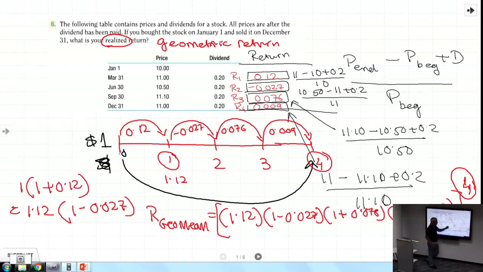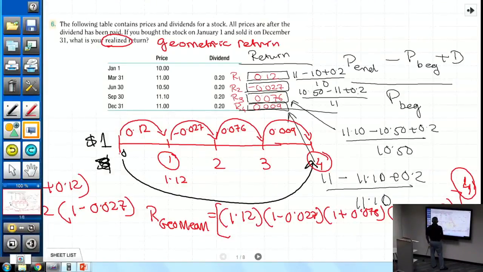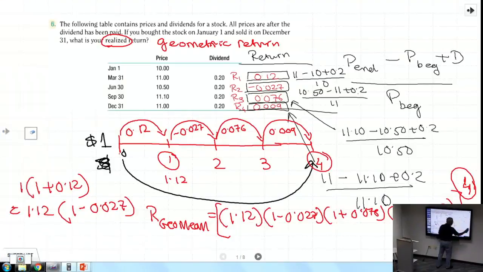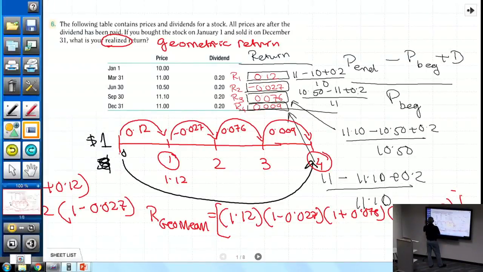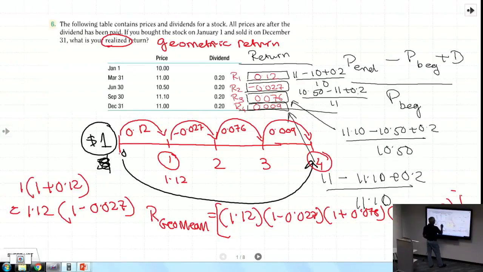Actually, I don't want to raise it to the power 4 because I don't want to annualize it. I don't need to raise it to the power 4 right away. We'll see this later on when we get to another problem when we have to raise it to the power 4. Right now, all we are doing is looking at by how much this $1 is growing over time.